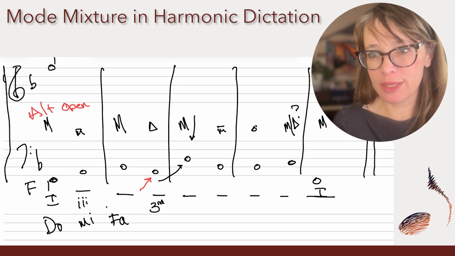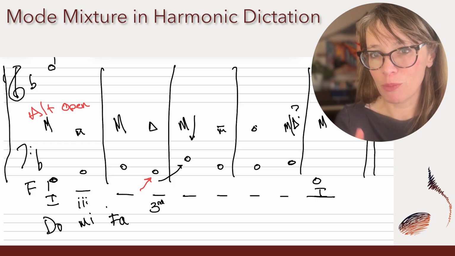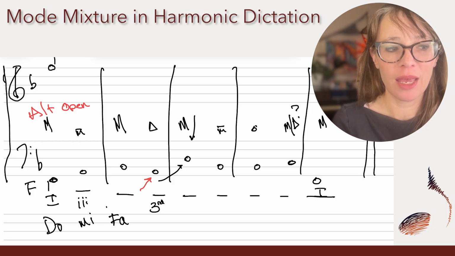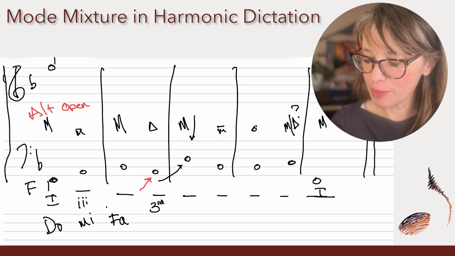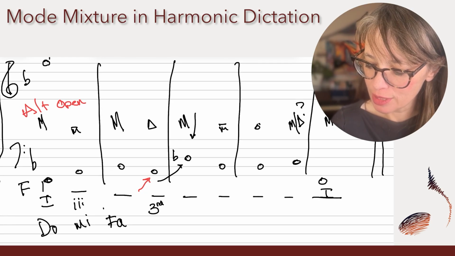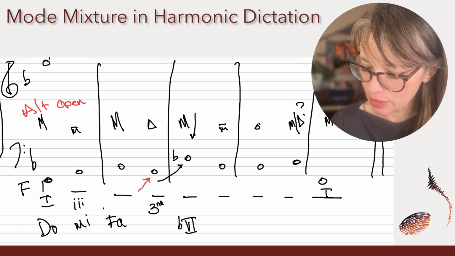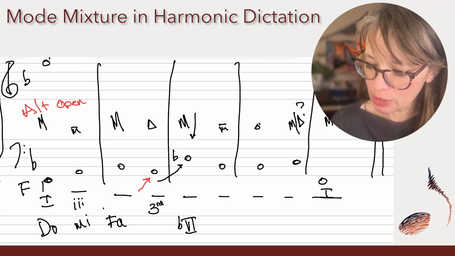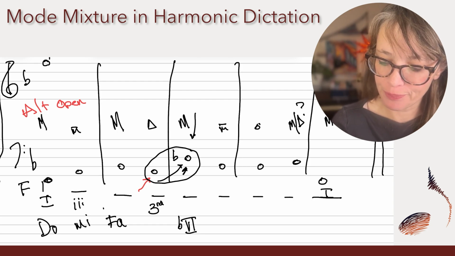So if it's a major chord on the sixth scale degree, a mode mixture has started. And what happens to the sixth scale degree in F minor? It's actually lowered. So that means that this note is lowered, and it is probably a flat six. I can see that because it's a root position chord. It's a root position dominant chord resolving to a root position chord, and we know that because of this leap here.